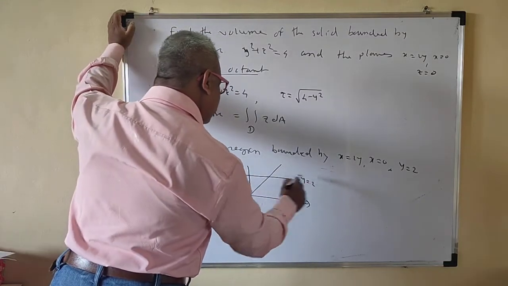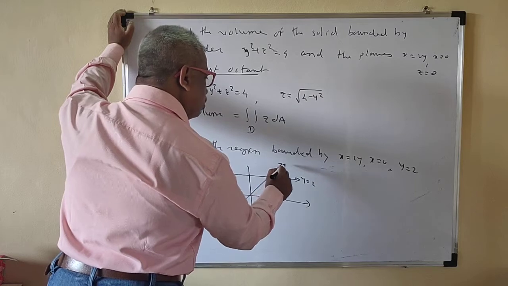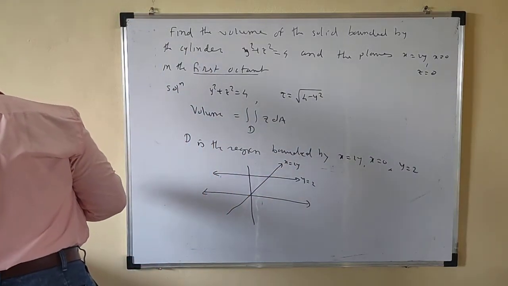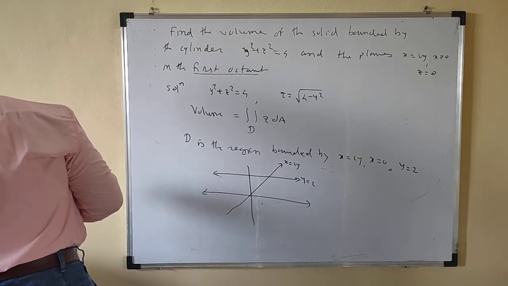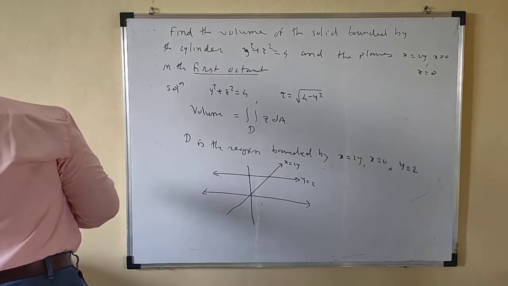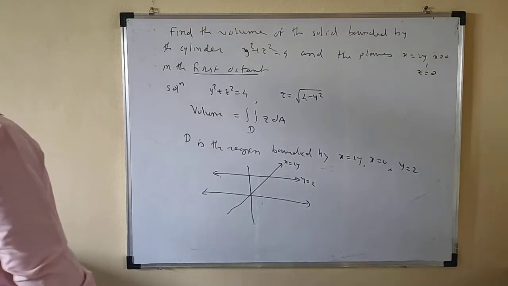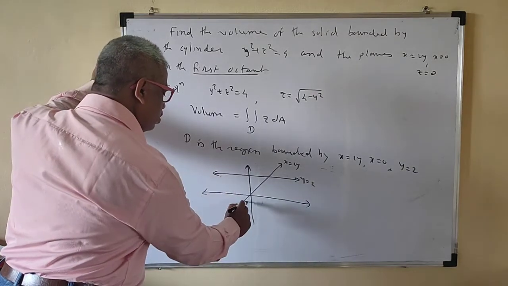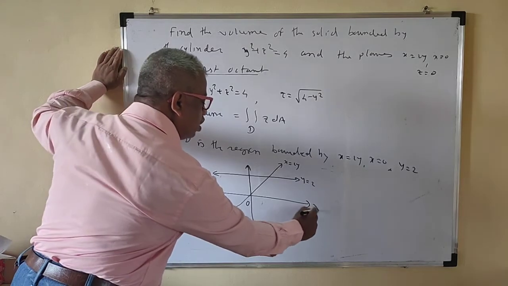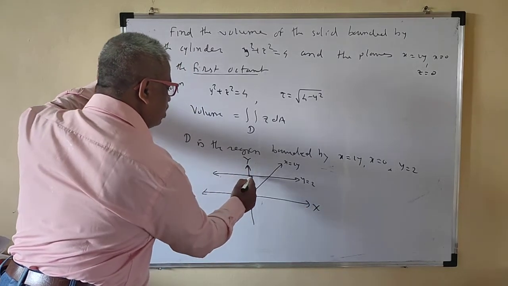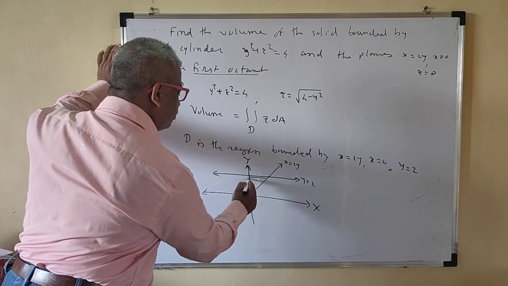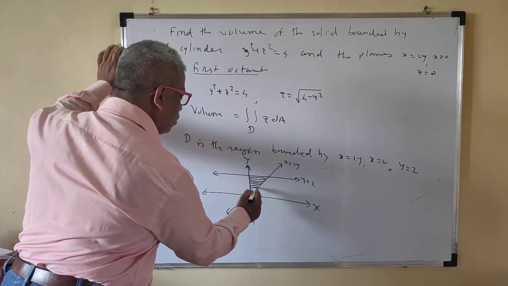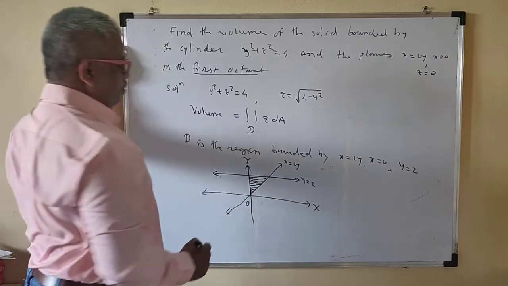This is x is equal to twice y. This is your origin, x axis. This is your y axis. This is your region. Okay.